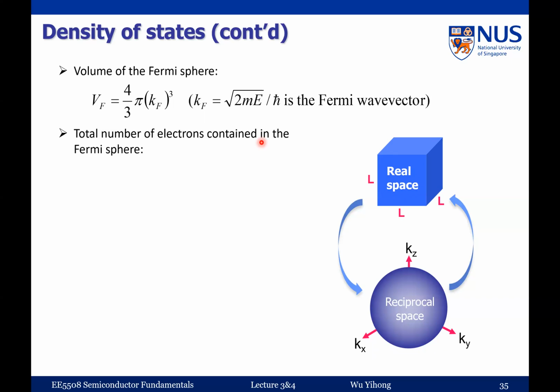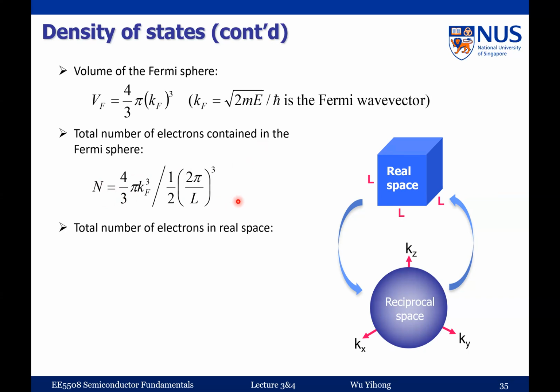the total number of electrons contained in the Fermi sphere, basically, remember, we know the volume occupied by a single electron. That's given by this one, right? That's the volume occupied by a single electron. And this is the total volume of the Fermi sphere in k space. So this must be the total number of electrons you have, right? And then the total number of electrons in real space.